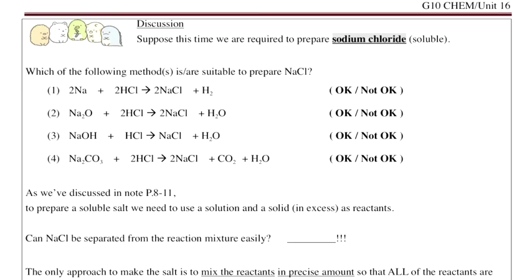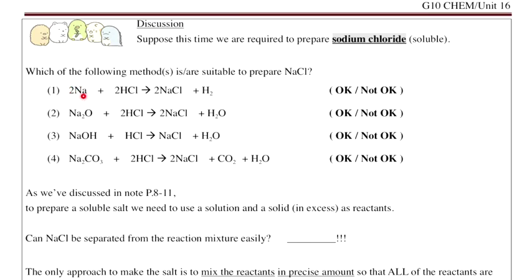Are they practical methods for making sodium chloride, which is a soluble salt? First of all, the student suggested to put sodium metal into hydrochloric acid, so it will produce sodium chloride plus hydrogen gas. Would this reaction be okay? Remember, sodium metal is a pretty reactive metal.